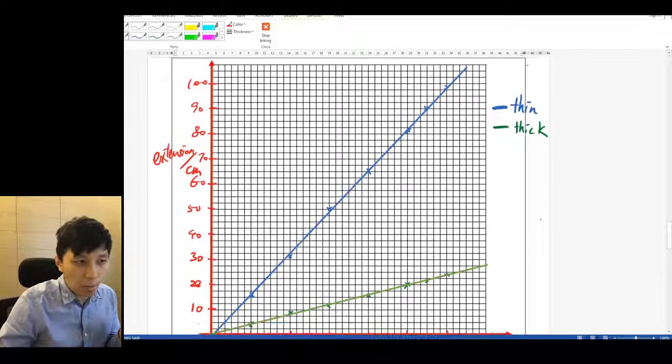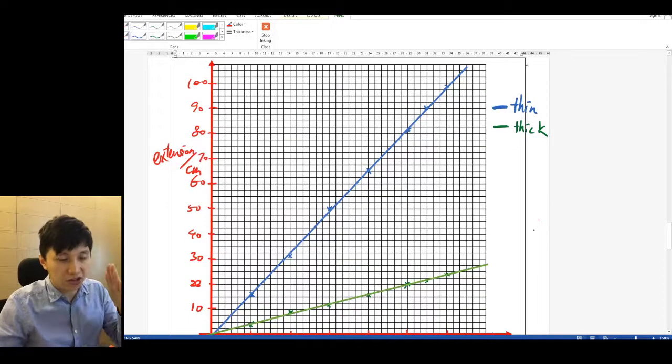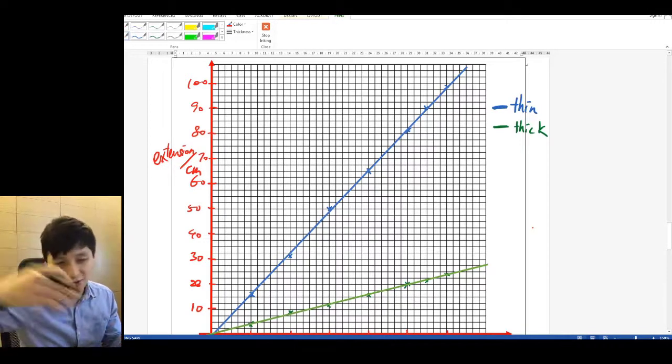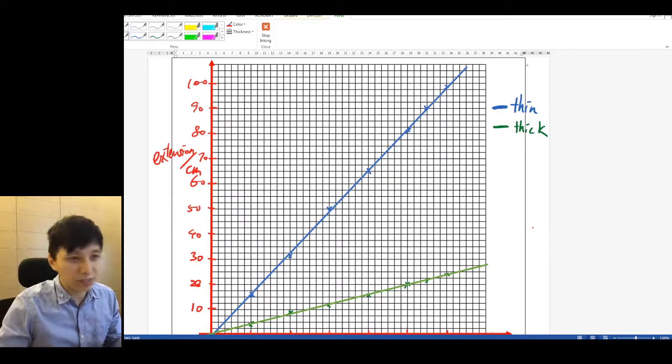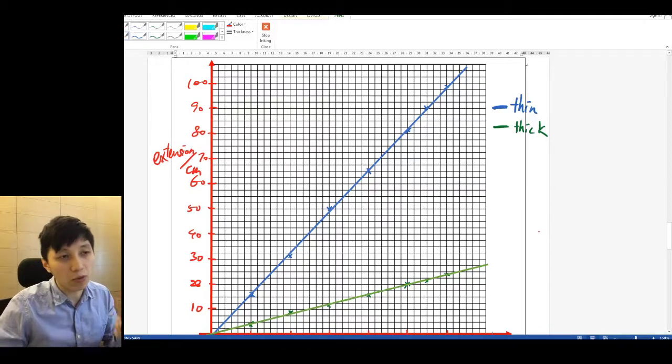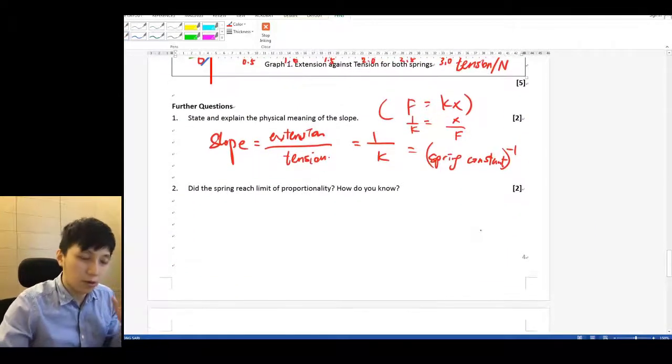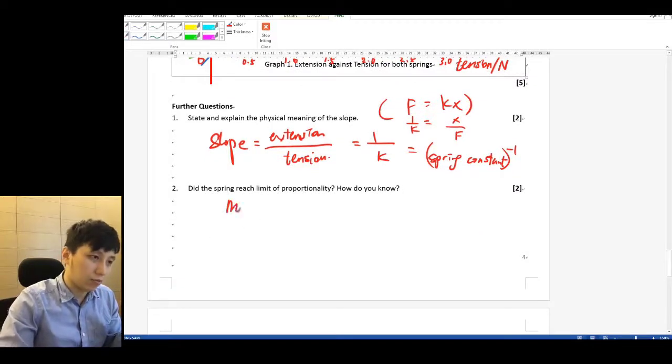From the data, it's very clear that it's still maintaining a straight line. That's also because the simulation did not consider the limit of proportionality. In reality, if you keep adding more and more, then sooner or later you will hit that point of limit of proportionality. So in this case, I would say no.